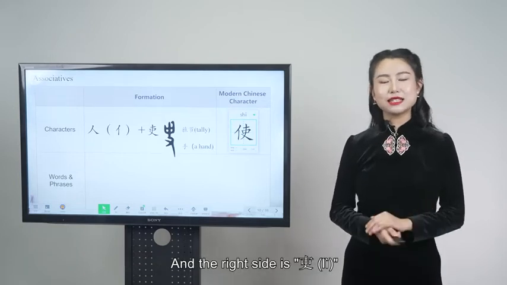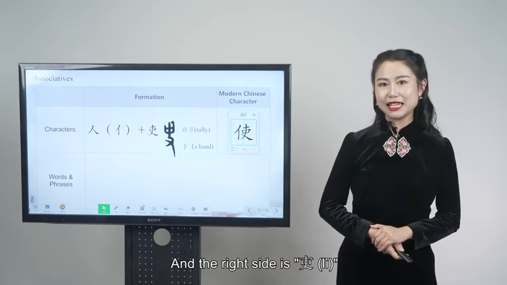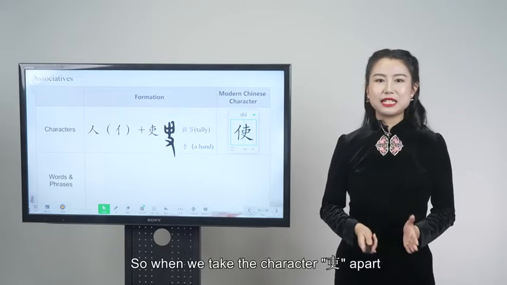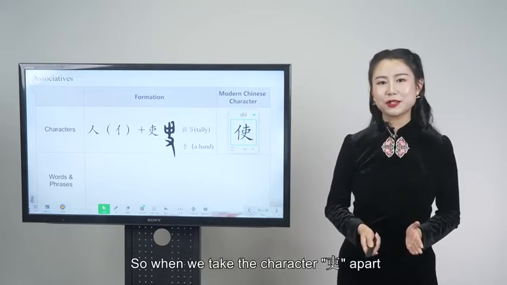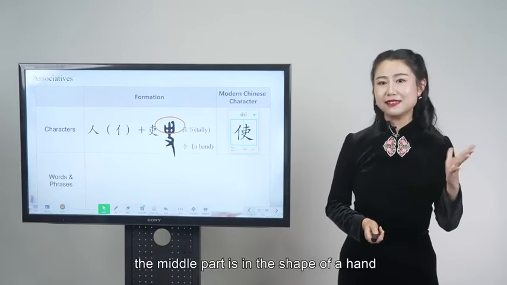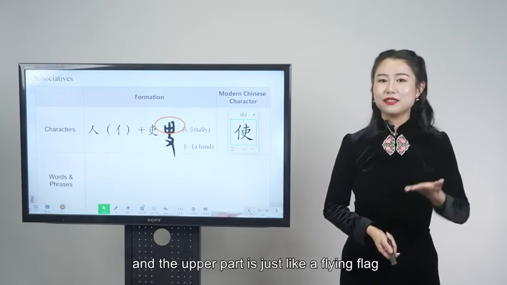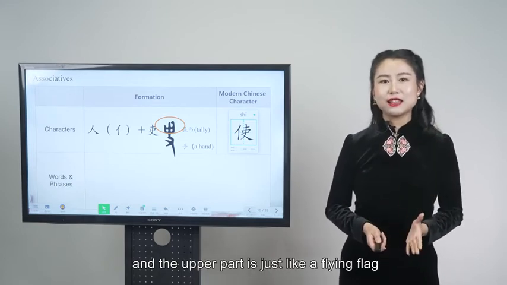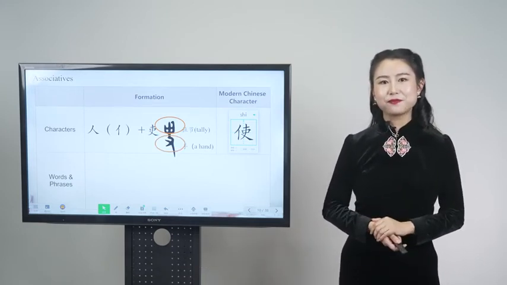And the right side is 吏. When we take the character apart, the middle part is in the shape of a hand, and the upper part is just like a flying flag.